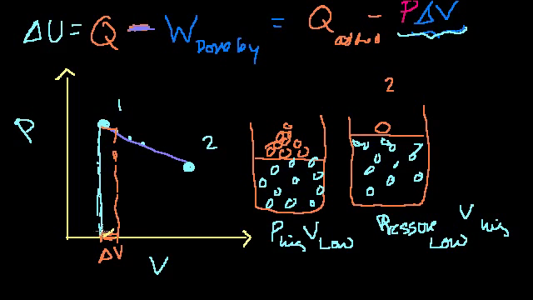And for any of y'all who've seen my calculus videos, this should start looking a little bit familiar. And then what about when we take our next pebble? Well, now our pressure is a little bit lower. This is our new pressure. We multiply that times our new change in volume, and we have that increment of work, which once again is the area of this rectangle.